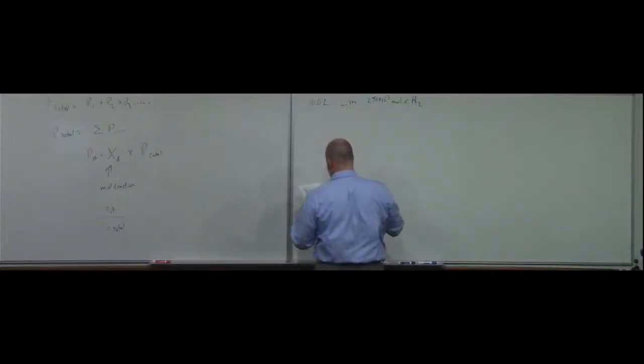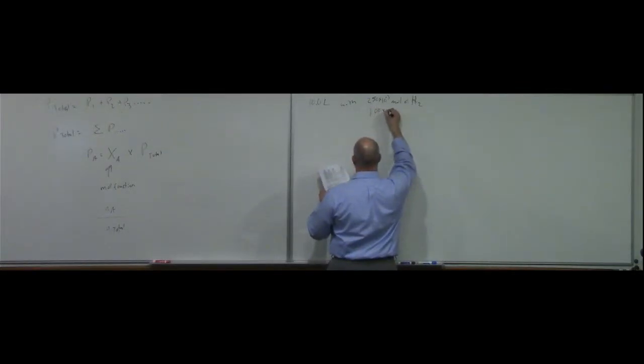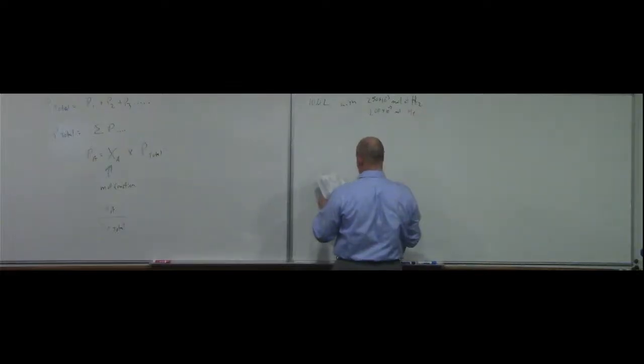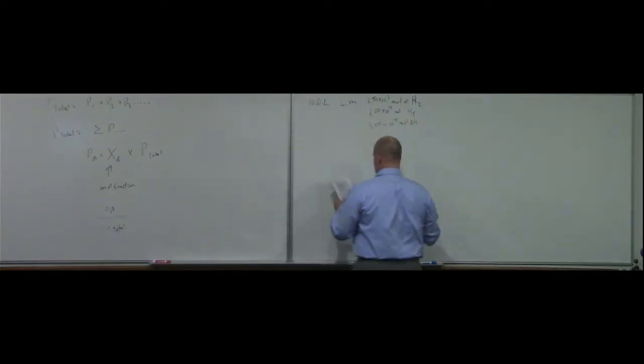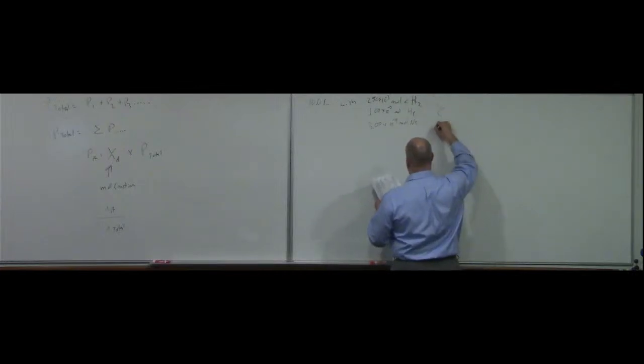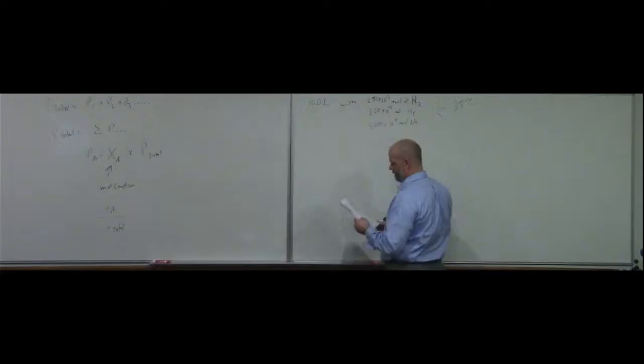And it also has 1.00 times 10 to the negative third moles of helium. And it has 3.00 times 10 to the negative fourth moles of neon. And all of this is happening at 35 degrees centigrade.